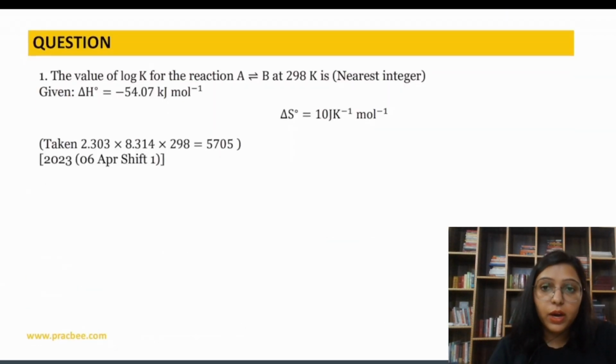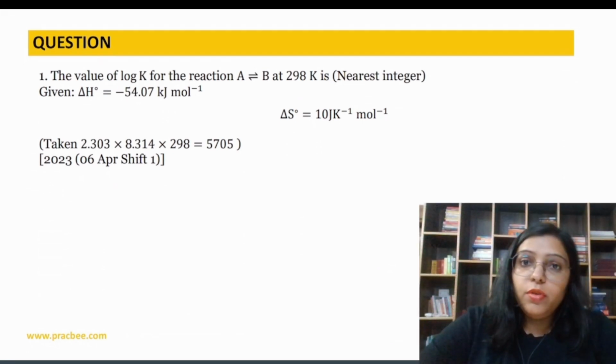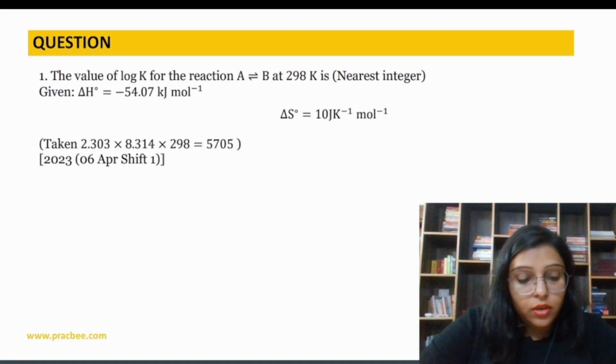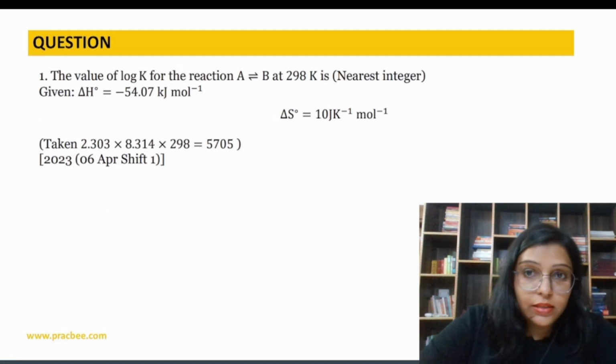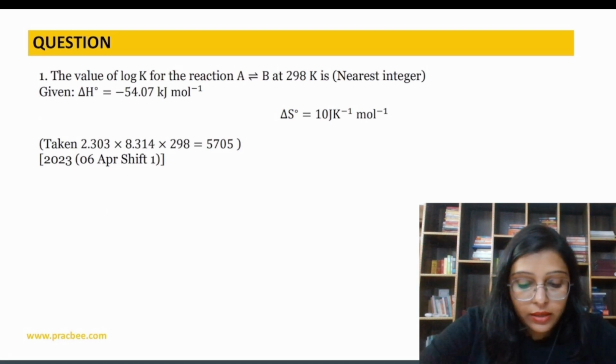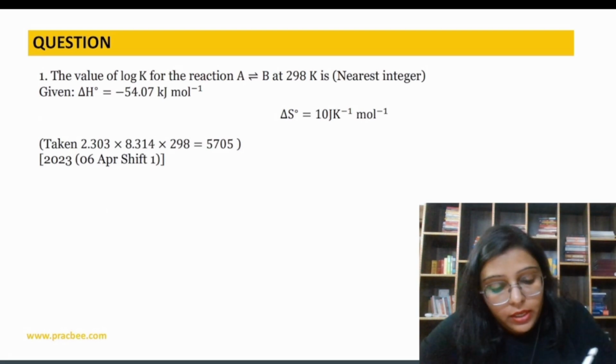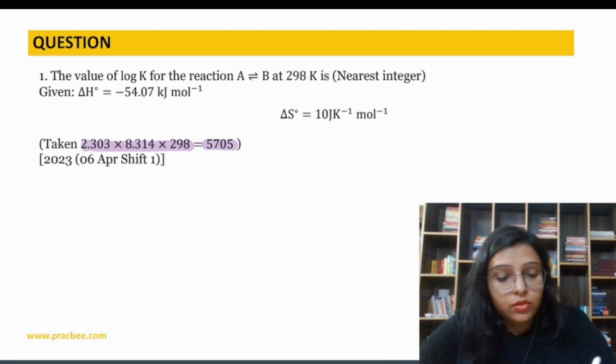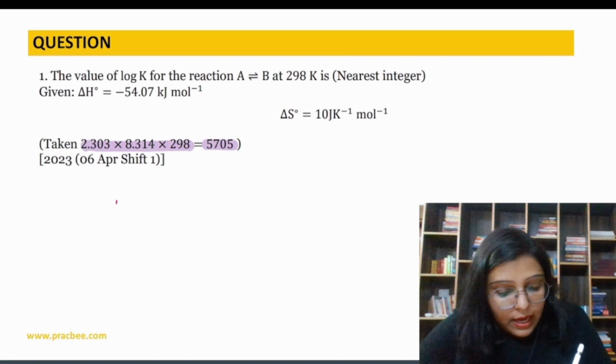So question number 1. The value of log K for the reaction A gives B at 298 Kelvin is. You have to report the answer in the nearest integer. Delta H naught is given, delta S naught is given, and you have to take 2.303 into 8.314 into 298 as 5705. So we have to find out log K. So we have one formula: delta G naught is equal to delta H naught minus T delta S naught.